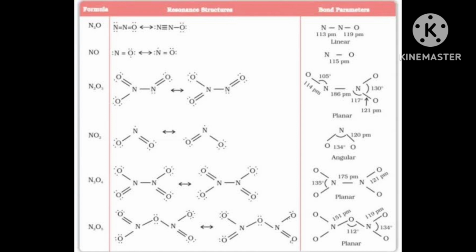But here, one thing you should understand: nitrogen has only 5 electrons in its outermost shell, correct? Actually it should get an octet, but because it has only 5 electrons, wherever you see this structure related to nitrogen, you will find that 1 electron will lag.